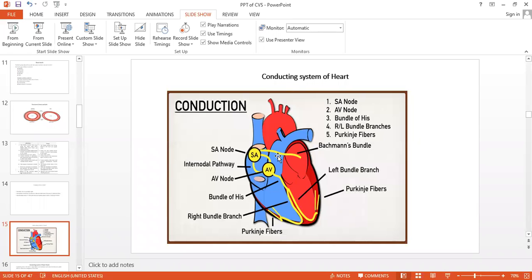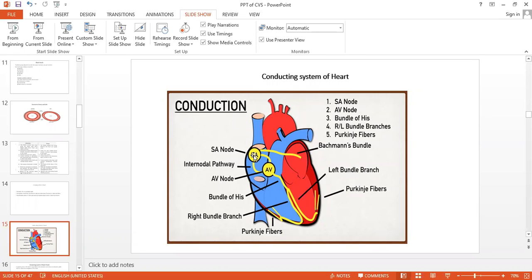I am explaining this through this diagram. First, the SA node means what? The sino-auricular node, the action potential, that is the impulse, is generated through the SA node. Where is it present?